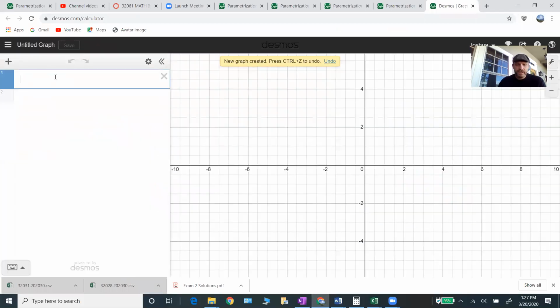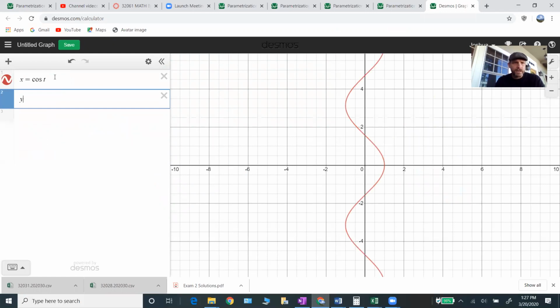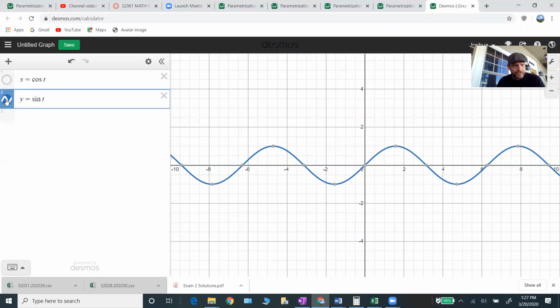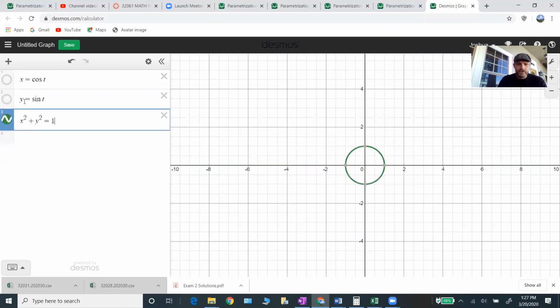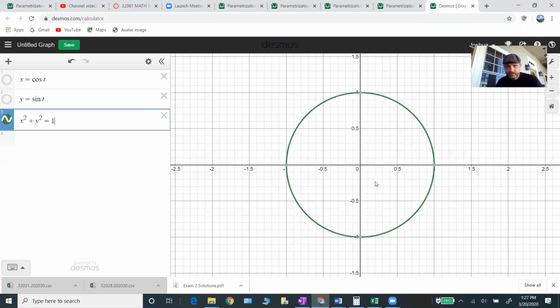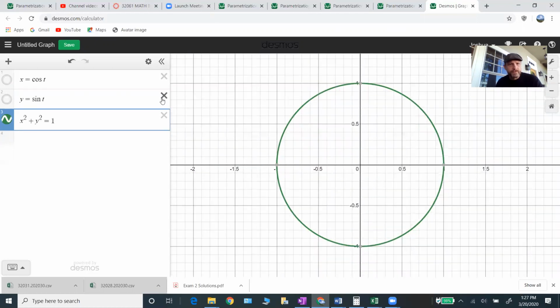So let's take x equals cosine t and y equals sine t. We have x squared plus y squared equals 1. Zoom in here. So there's my unit circle.